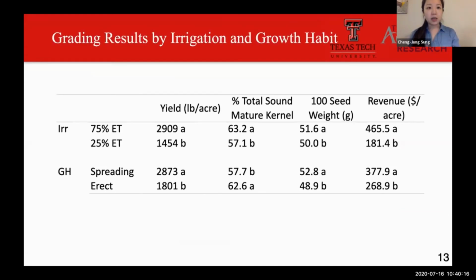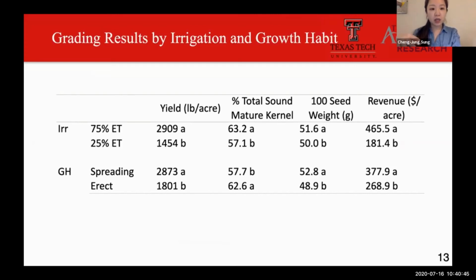Here are the grading results by irrigation and growth habits. At the top part of the table is irrigation, and all the results showed significantly higher yield and grades from the high irrigation compared to the low irrigation, which fits our expectations.